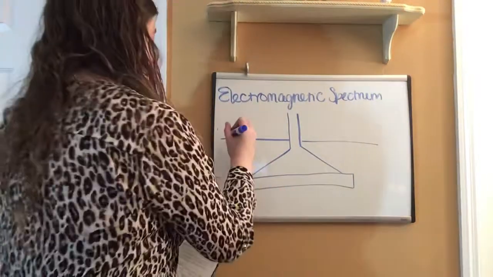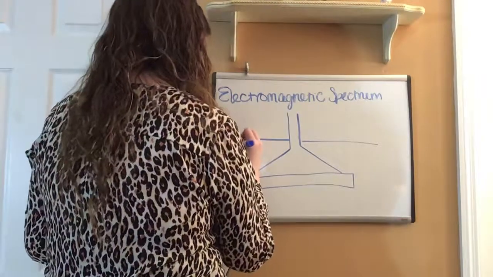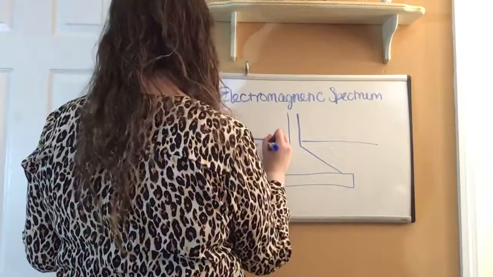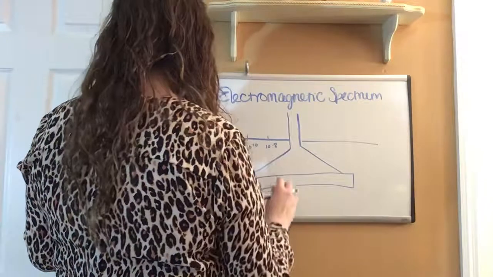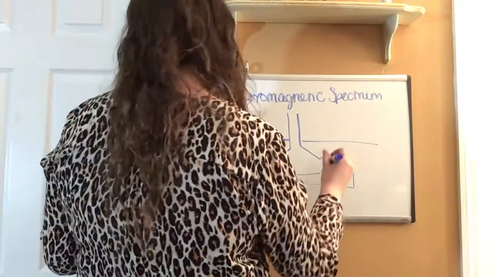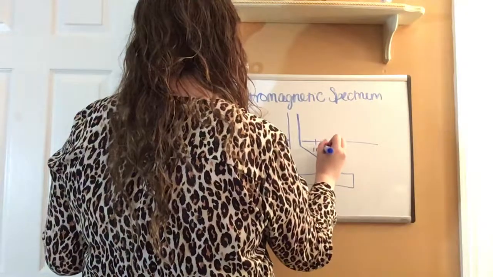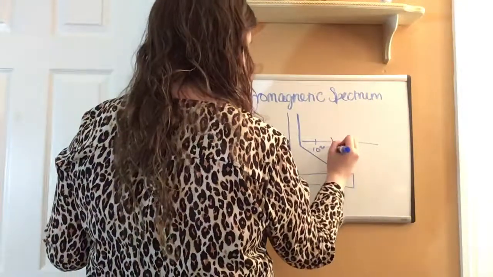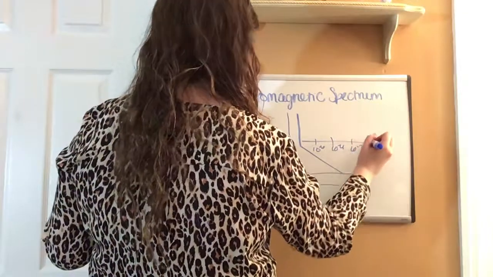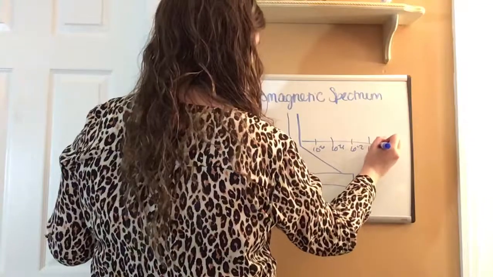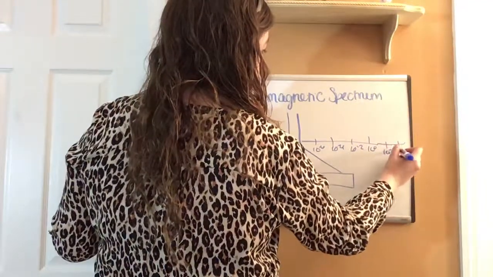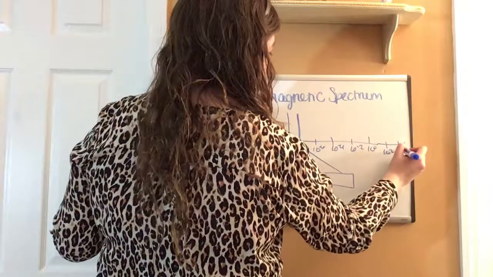So 10 to the negative 16, 10 to the negative 10, and 10 to the negative 8. It's about 10 to the negative 6 or so, okay? It's a little bit in between there: 10 to the negative 6, 10 to the negative 4, 10 to the negative 2, 10 to the 0, 10 to the 2, and 10 to the 4. Okay?